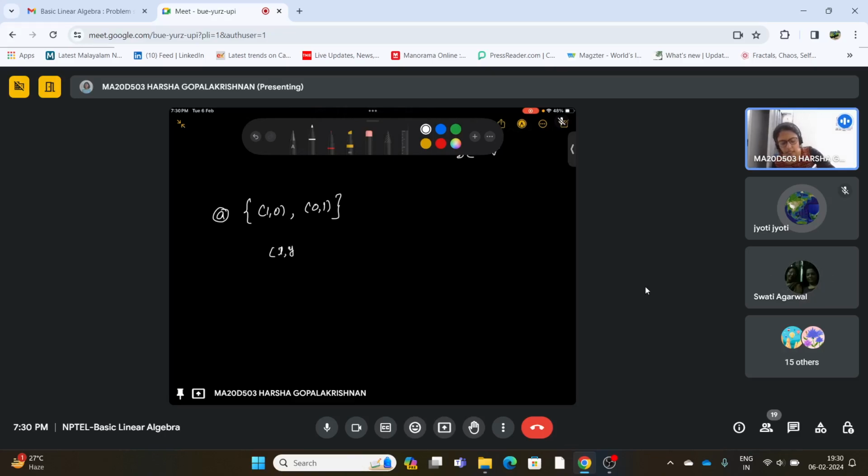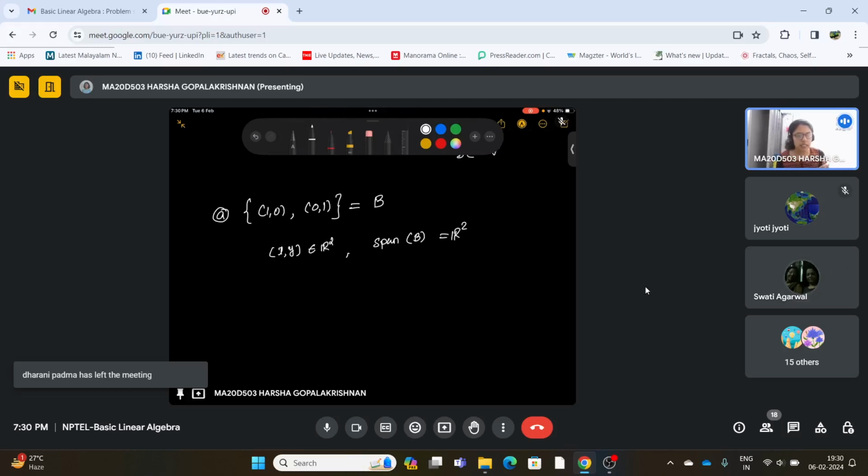Any element in R2 we can represent as some x y. Suppose this is our B. What I want is the span of B equal to R2. This is our first condition.